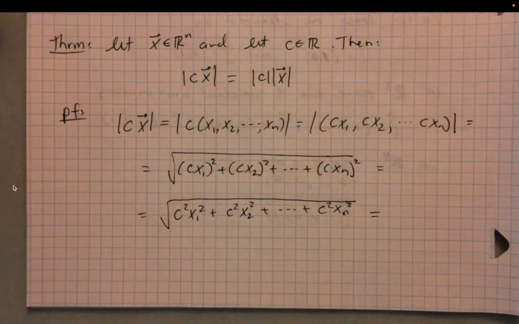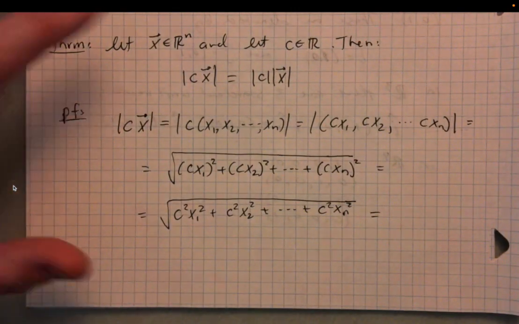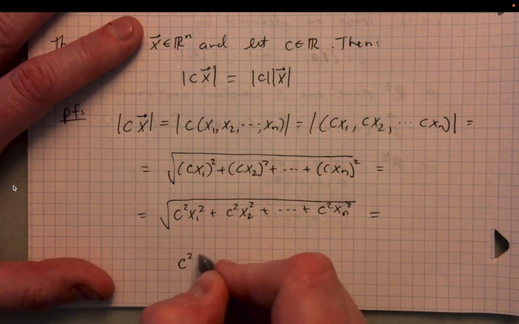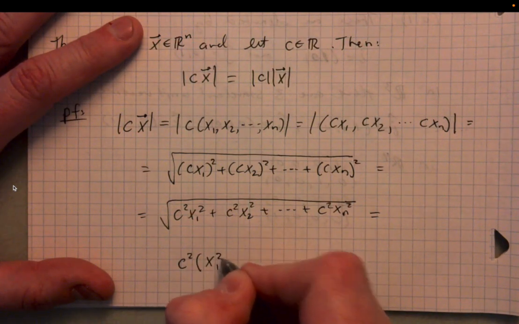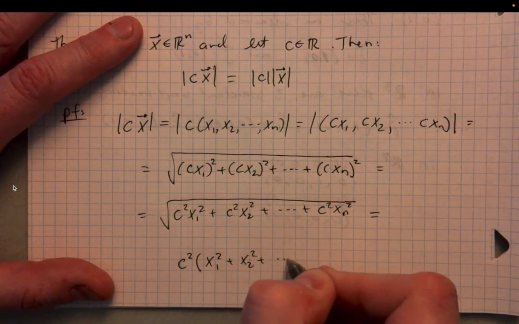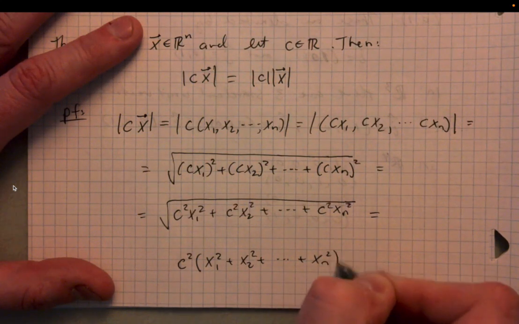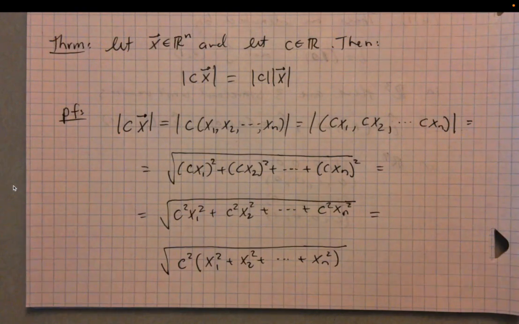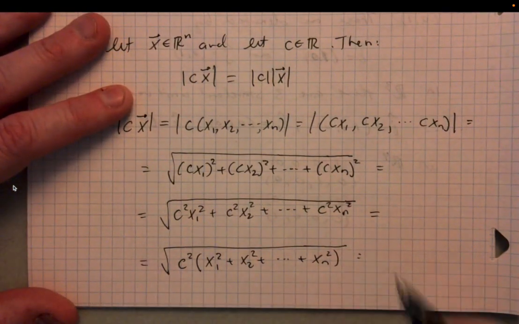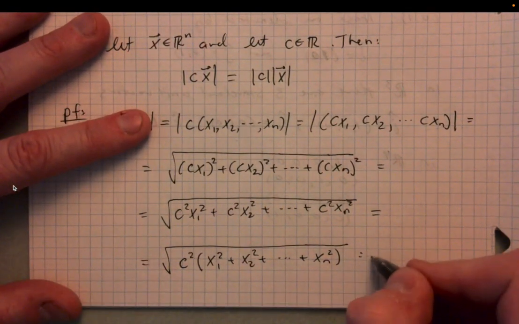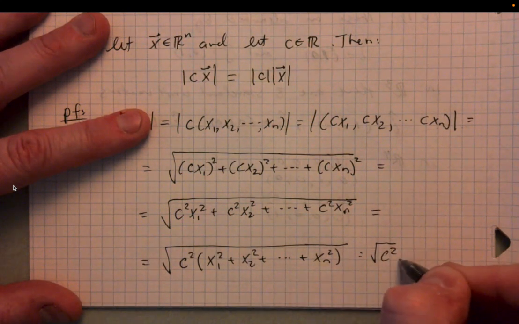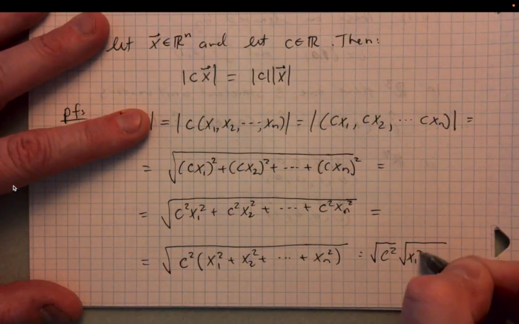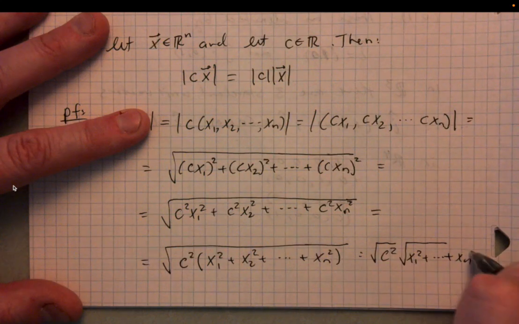We can factor out the c squared, leaving x1 squared plus x2 squared plus ... plus xn squared. Then we can break the radical into two pieces: the square root of c squared times the square root of x1 squared plus ... plus xn squared.